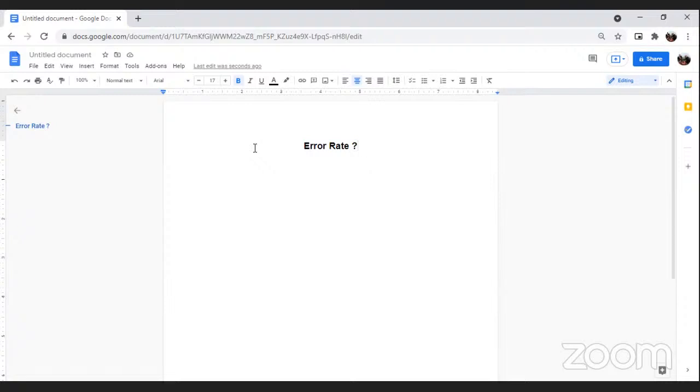All right. Now that we spoke about the confusion matrix, let's talk about error rate. How do you derive the error rate? For example, in hypothesis testing, how do you derive error rate?